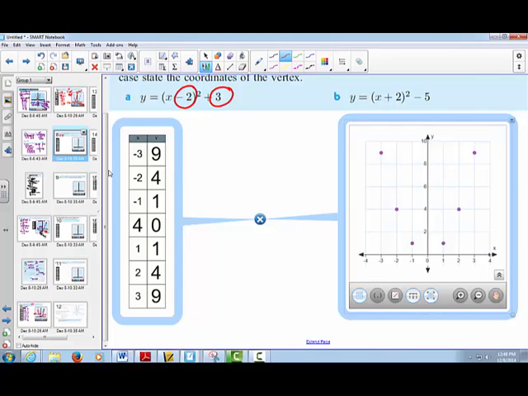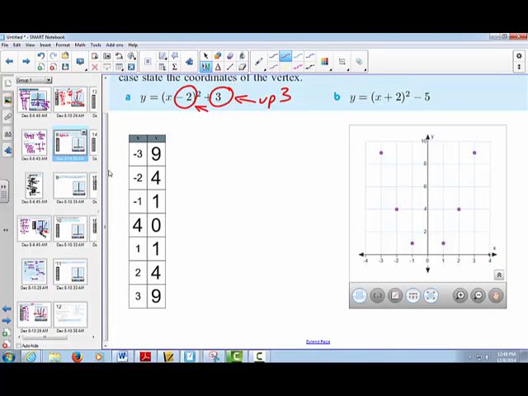So our vertex, we're shifting up 3, down 2. That's where our new vertex is. Up 3 to the right. So we're going up 3, 2 to the right.